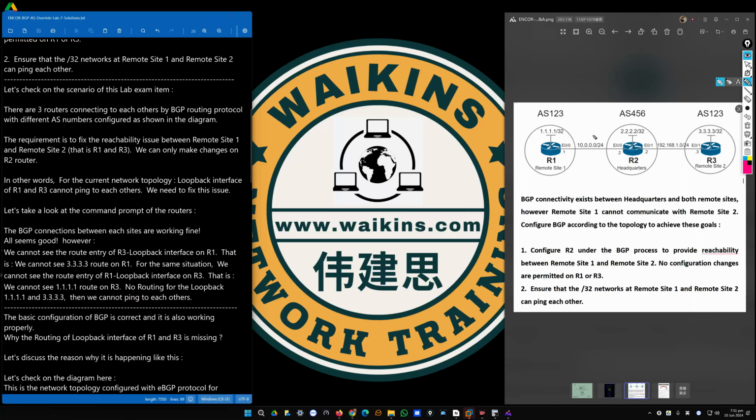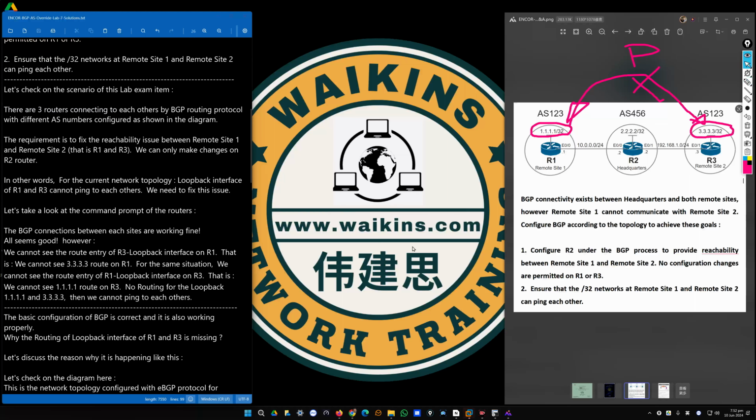That is R1 and R3. We can only make changes on the R2 router. In other words, for the current network topology, the loopback interface of R1 here cannot ping the loopback interface of R3 here. They cannot ping each other. We need to fix this issue.